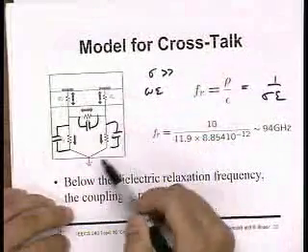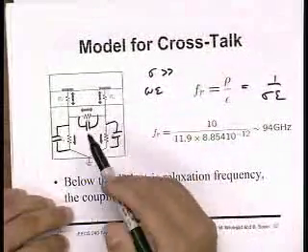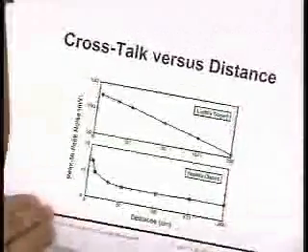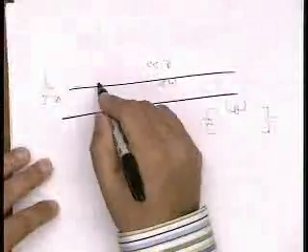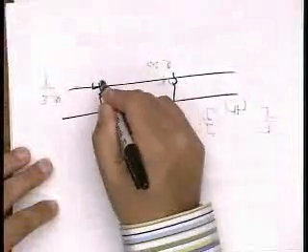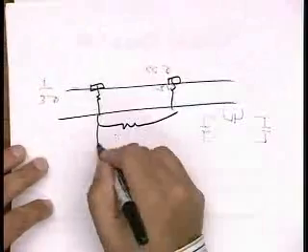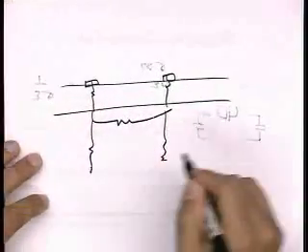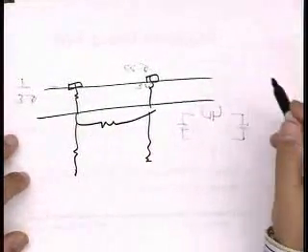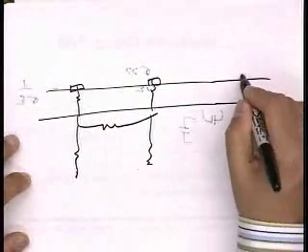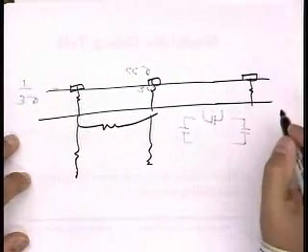say that this body is very conductive. If the body is very conductive, draw a picture here. I have these two layers. And let's say I'm worried about this. So I'm looking at the coupling versus distance.